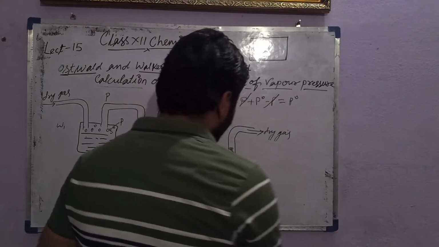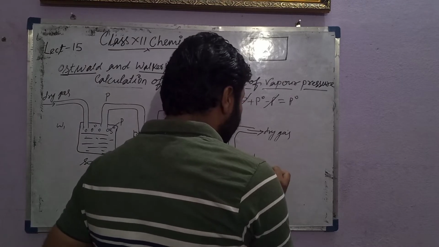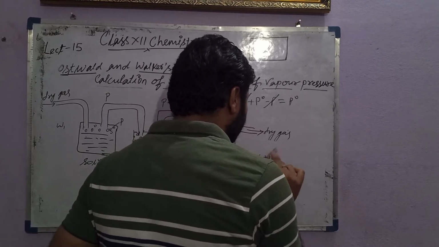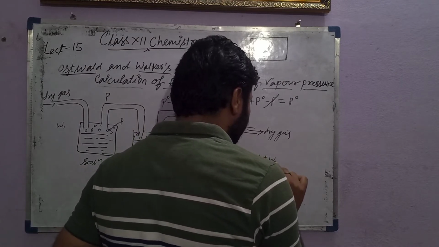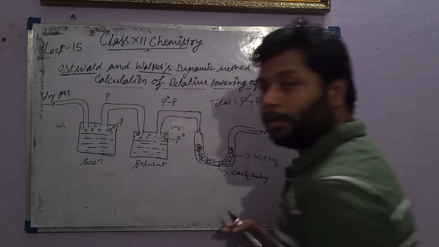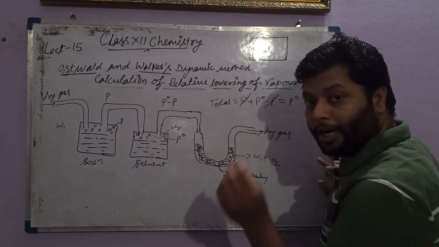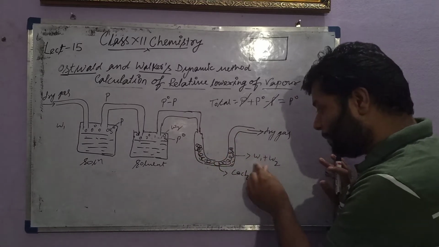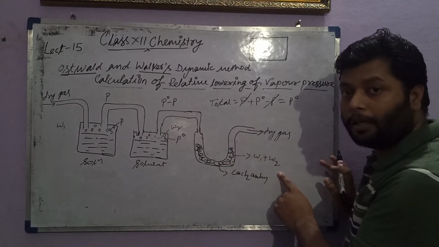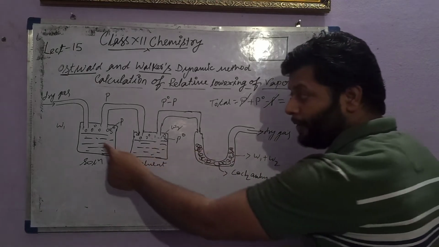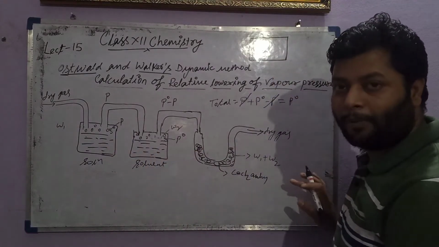So the calcium chloride absorbed weight equals W1 plus W2, because that is equal to the weight loss in both vessels, W1 and W2.